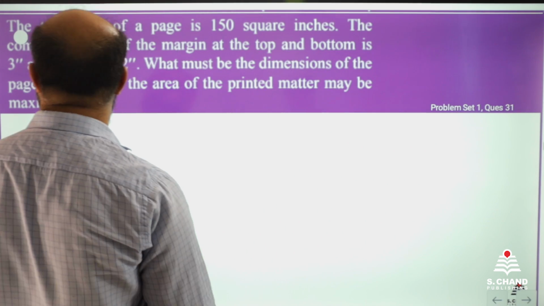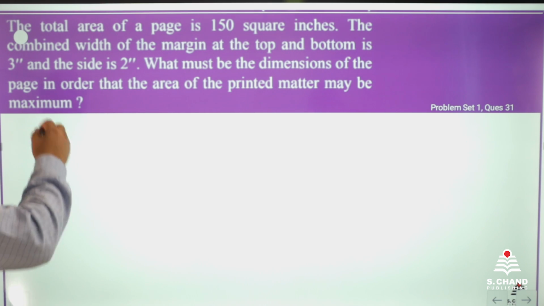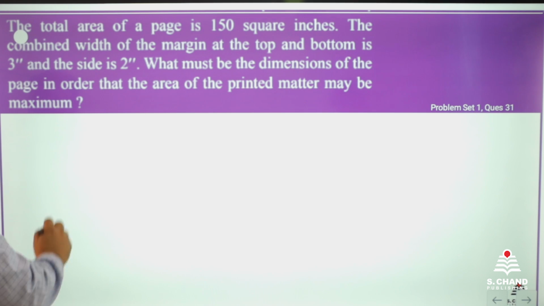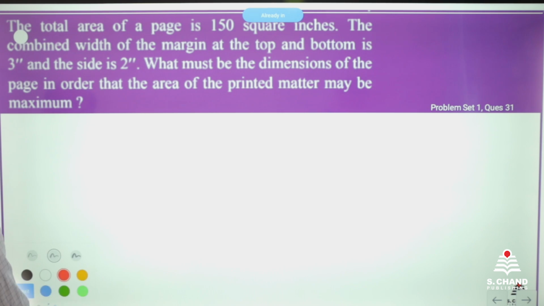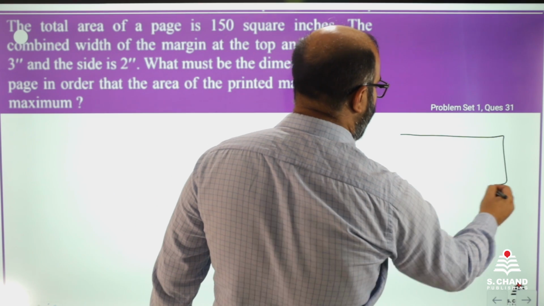The next question says the total area of a page is 150 square inches. The combined width of the margin at the top and bottom is 3 inches and the side is 2 inches. What must be the dimensions of the page in order that the area of the printed matter may be maximum? So let us suppose that the dimension of the page is having length x and breadth y.